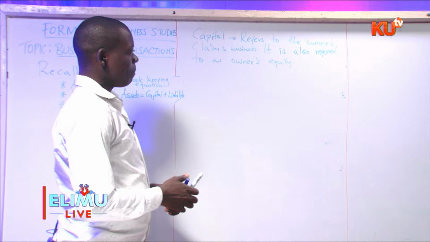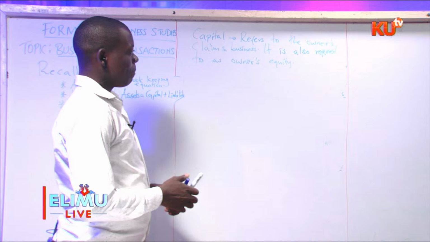So we start with the fixed assets. We capture the list of fixed assets, and there are very many fixed assets we may have, for example furniture, land, etc. Then below the fixed assets, we write current assets.